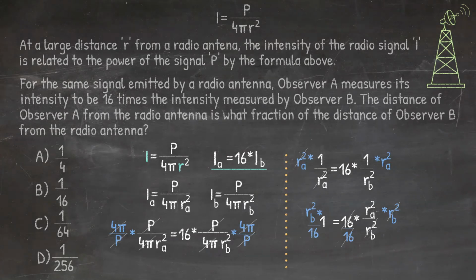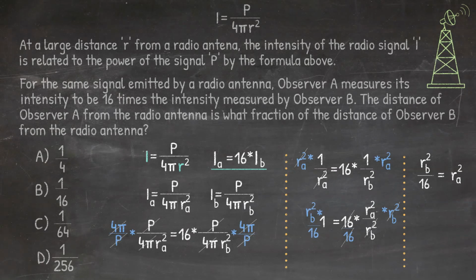And 16 appears on the left side of the equation in the denominator. So our setup is r B squared divided by 16 equals r A squared. We are interested in r A in terms of r B, so this whole squaring gets in the way.